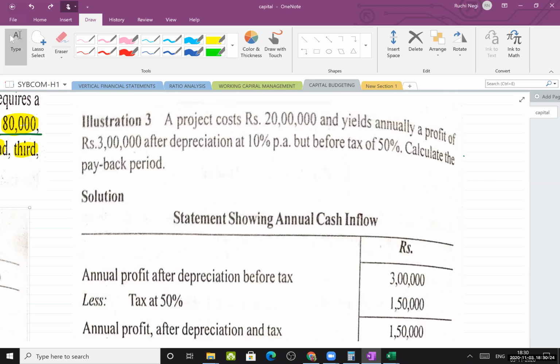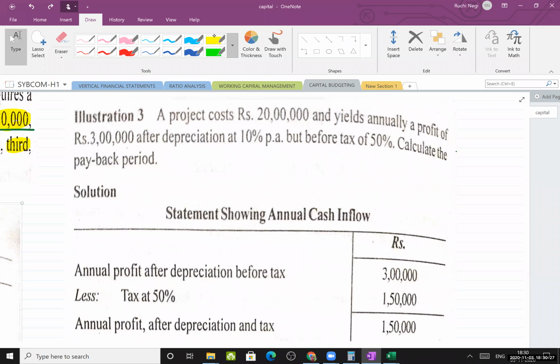Look at this. A project costs rupees 20 lakhs and yields annually a profit of 3 lakhs. ठीक है, ये आपका annual profit है, after depreciation, a profit of 3 lakhs after depreciation, at the rate 10% per annum.